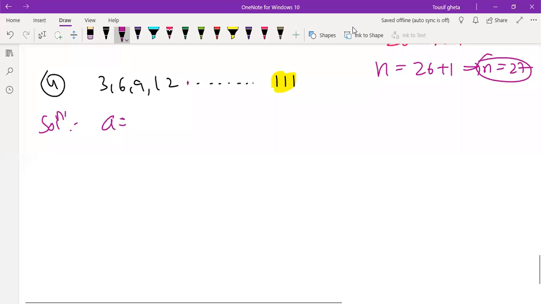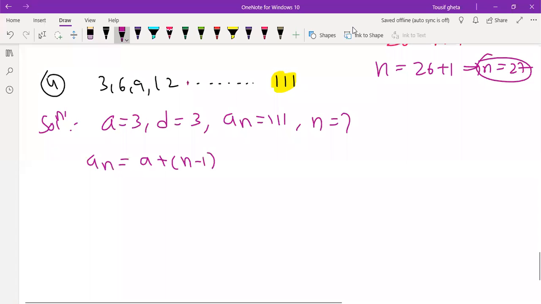A is equal to 3. D is equal to 3. AN is equal to 111 and N is equal to question mark. AN is equal to A plus N minus 1 of D. So you can do cross multiplication, but I can see here, if I take 3 ones are 3, it will get cancelled. So I will not do anything.